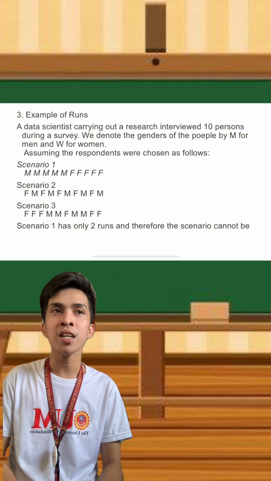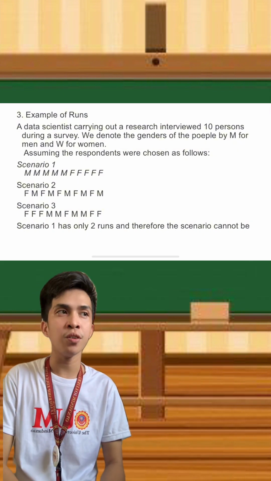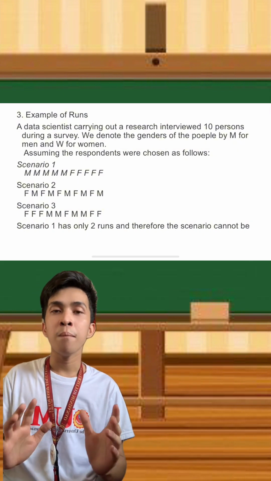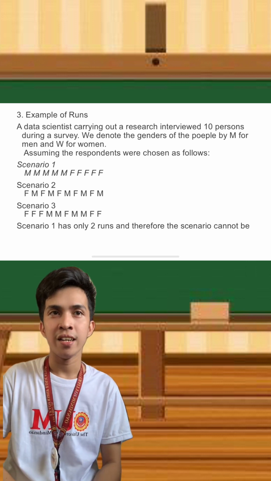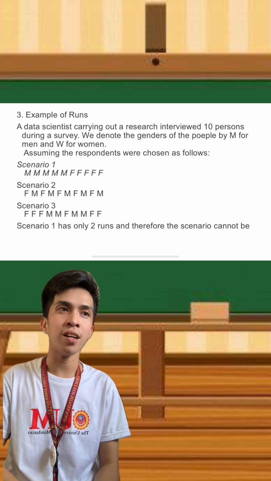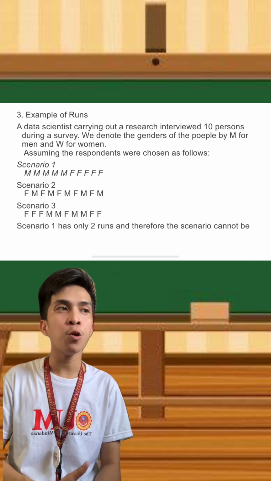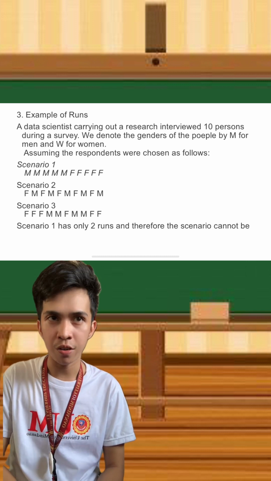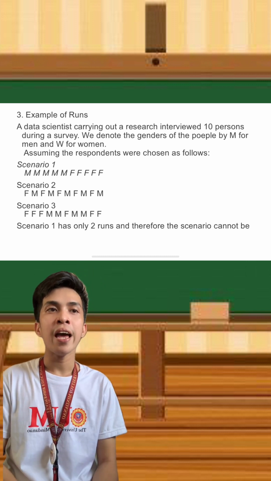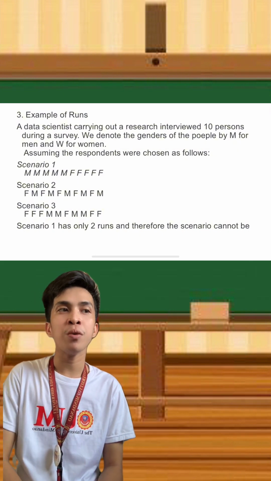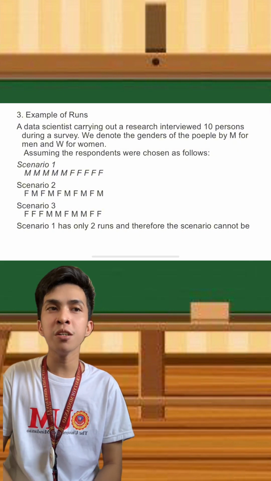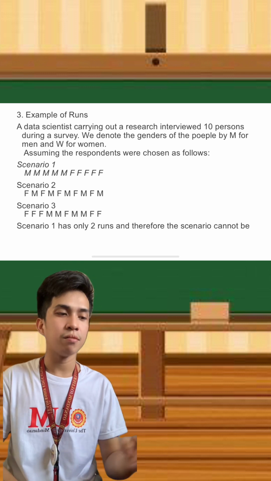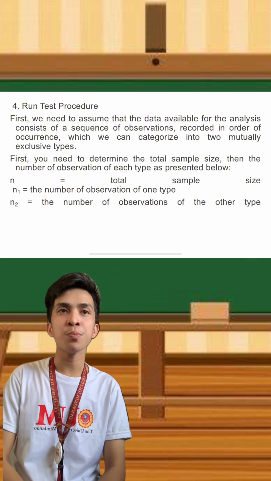Scenario 1 has only 2 runs, and therefore cannot be considered random because there are too few runs. Scenario 2 has too many runs, 10 runs, and therefore would not be considered random. For scenario 3, we have 5 runs, and therefore we need to perform a test to determine the randomness of the data.